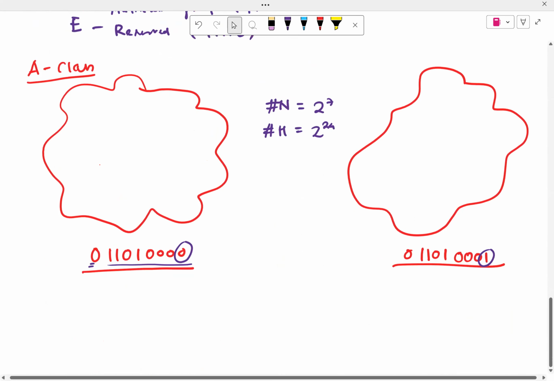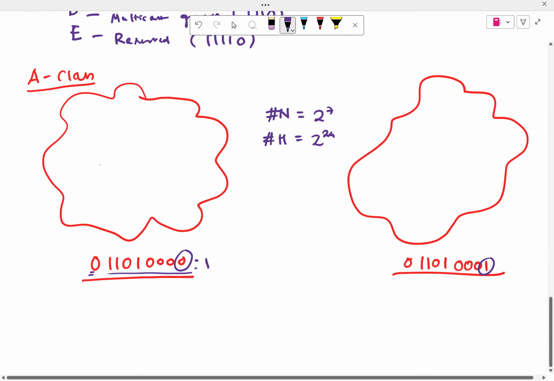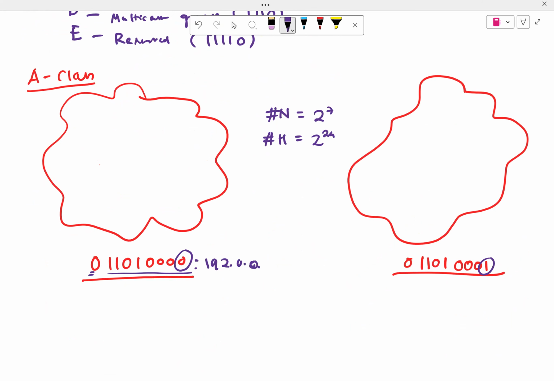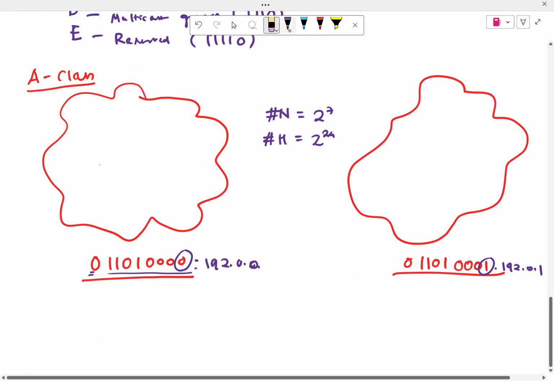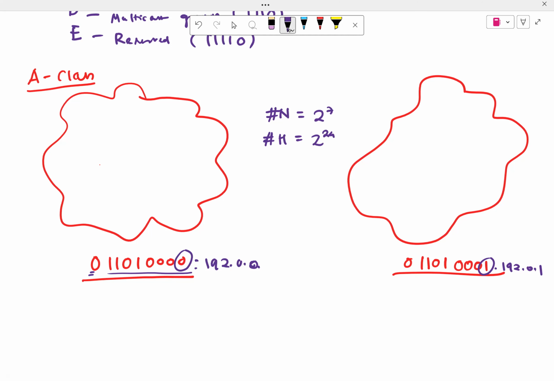Let's say this is the IP address, and after this there is 192.0.0, then 192.0.1. Let's say this is the address of the network. The address of the network gives us the first IP address from where the hosts in the system start.